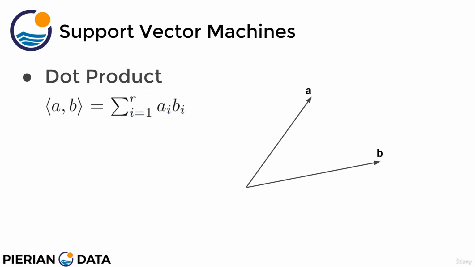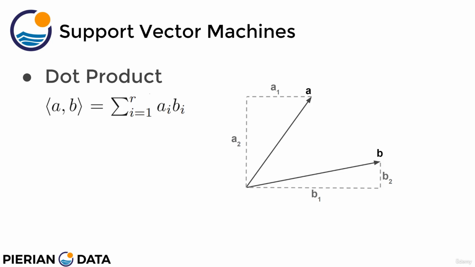I have vector A and vector B. And the dot product or inner product between these two vectors is defined as the sum of each of their subcomponents multiplied together. That is to say, if I have two-dimensional vectors shown here, then there's a subcomponent along the x-axis and a subcomponent along the y-axis, which I could define as A1 and B1 along the x-axis, and then A2 and B2 along the y-axis.